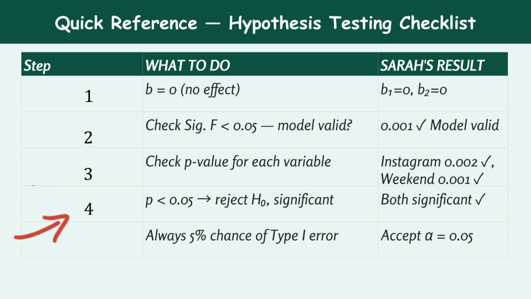Step 4. Make the decision. If the p-value is less than 0.05, we reject the null. The result is statistically significant. Step 5. Remember the error risk. At a 5% significance level, we accept a 5% chance of making a type 1 error.